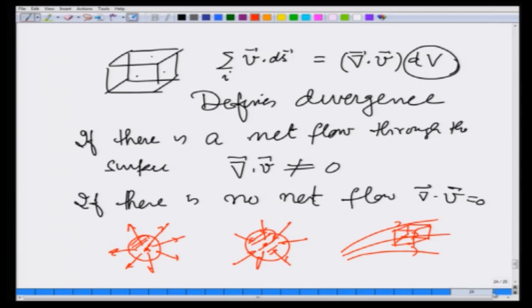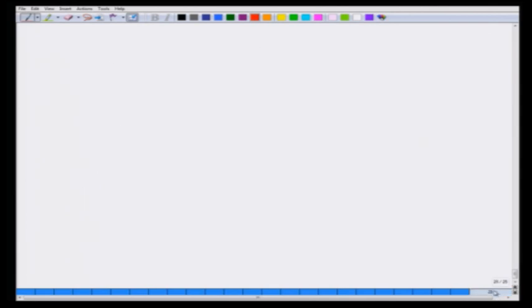A better way of looking at it would be again in a fluid flow. Suppose there is a point from which, or a fountain, water is going all around. If I make a spherical surface around it, you see there is net flow of water outside. No matter how small the surface, at this point there will be some water going out. So, this point has divergence of V not 0.